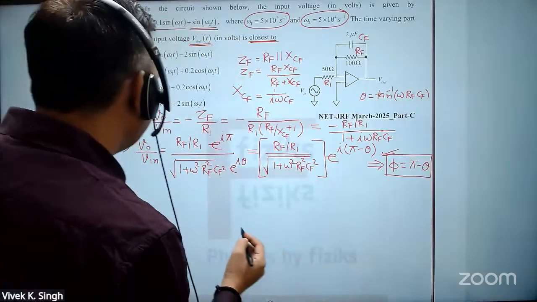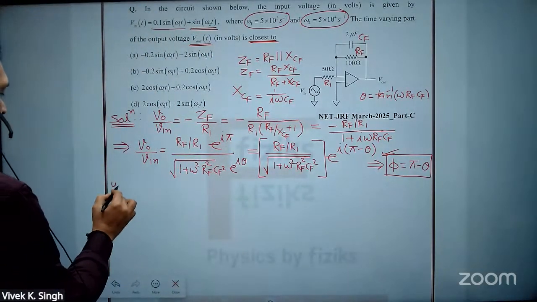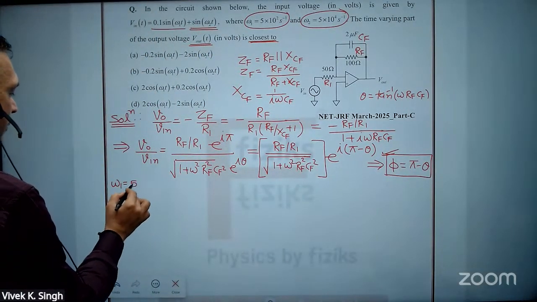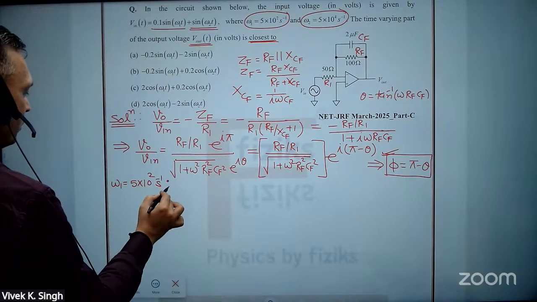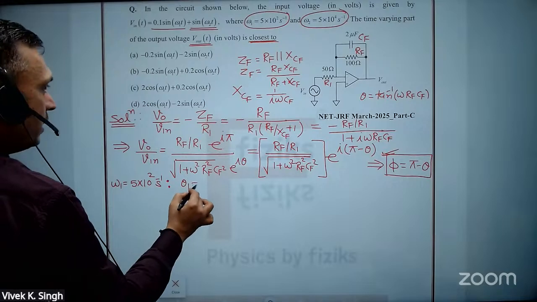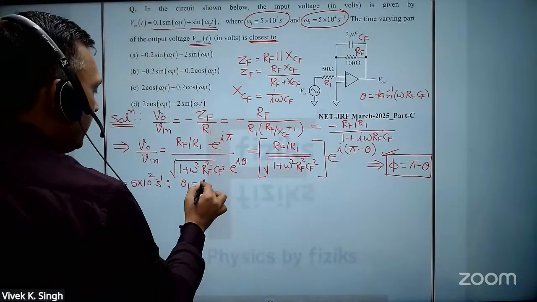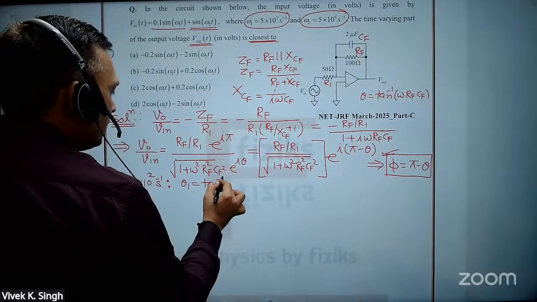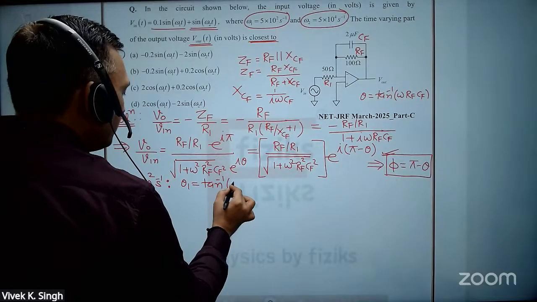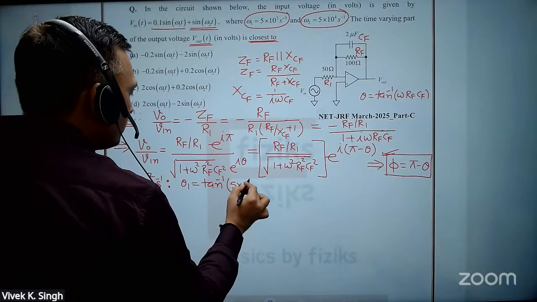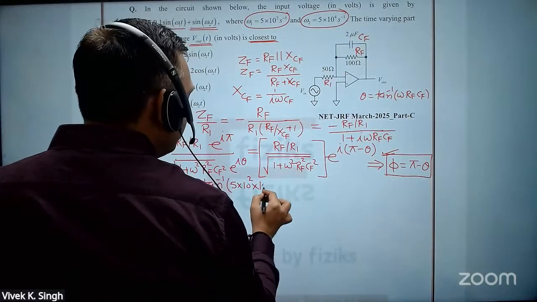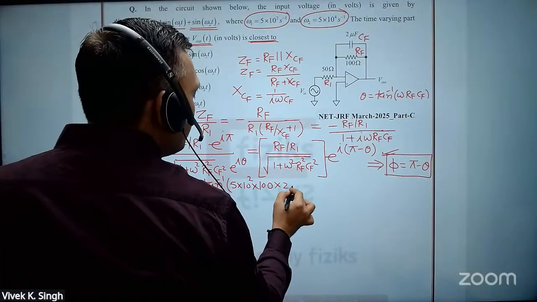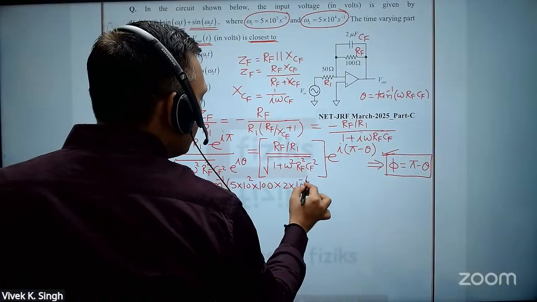So let's see, when omega 1 is 5 into 10 to power 2, what will be theta 1? Theta 1 will be given by tan inverse of omega 1, 5 into 10 to power 2, into RF which is 100 ohm, and CF which is 2 into 10 to power minus 6.